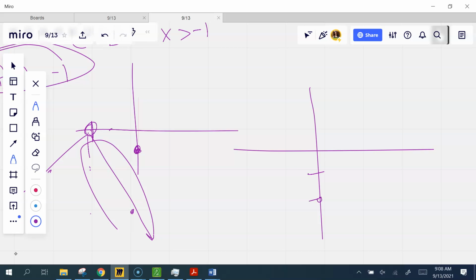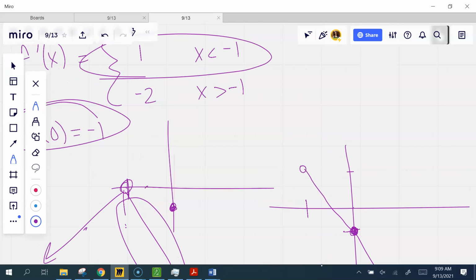I start here, and since this is bigger than negative 1, I'm going to let this be the slope with negative 2. So down 1, 2, and over 1. Right? Like that.